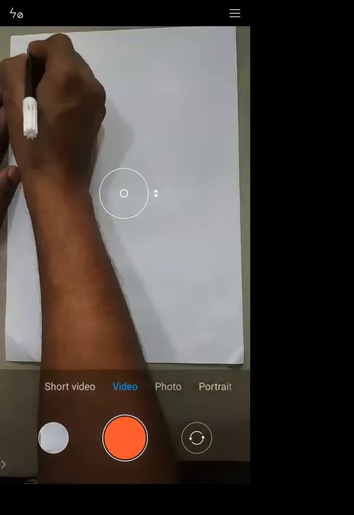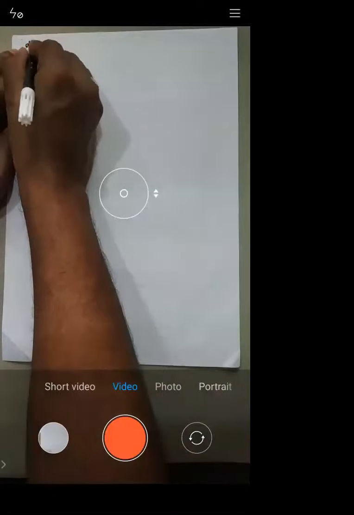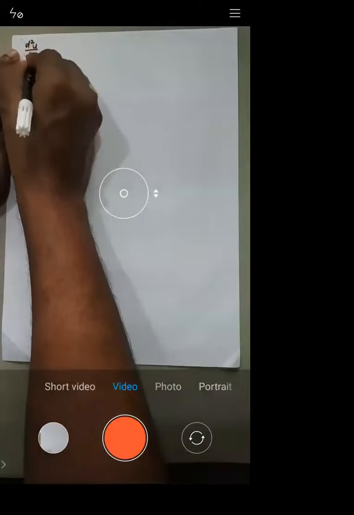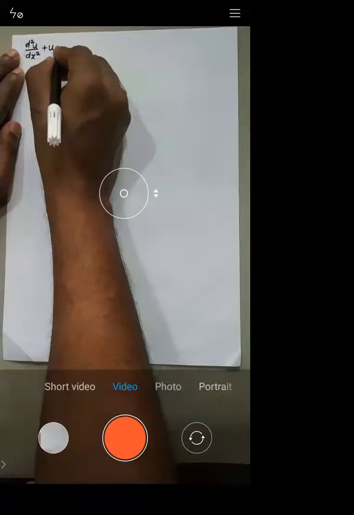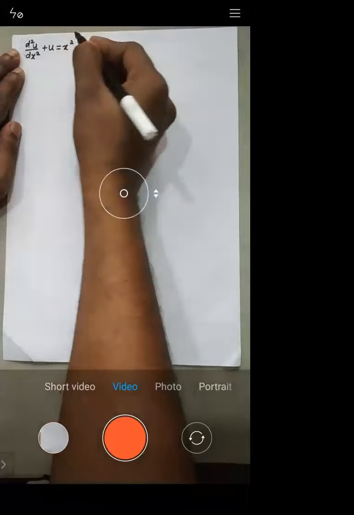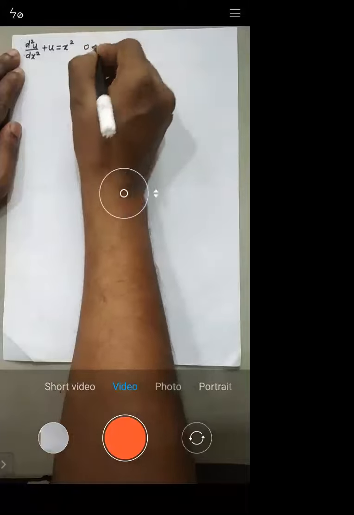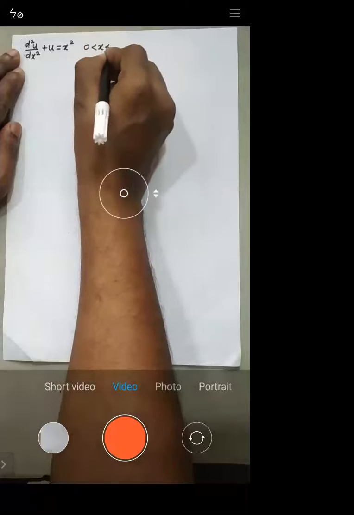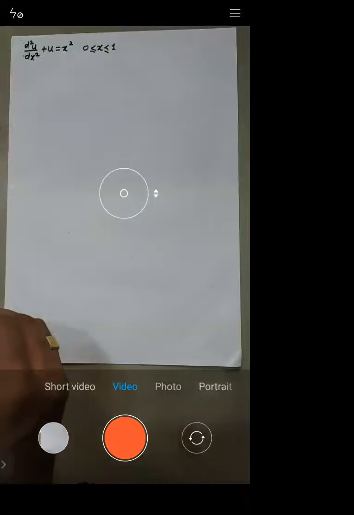See this problem. The problem is like this: d square u by dx square plus u is equal to x square, where x lies between 0 to 1.